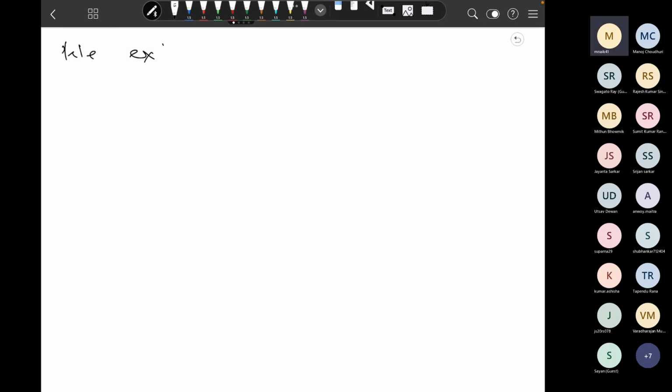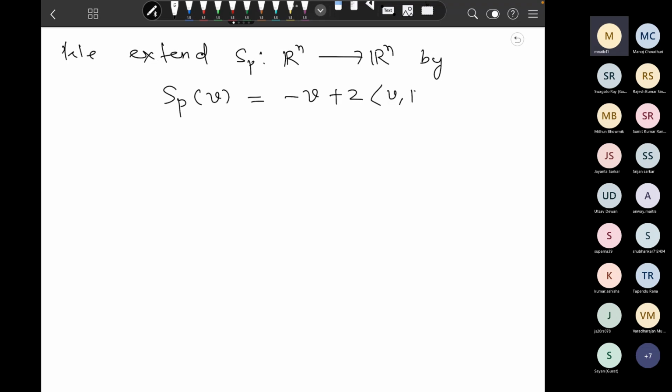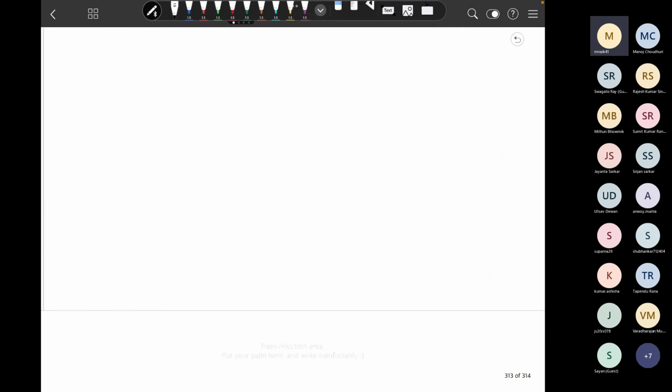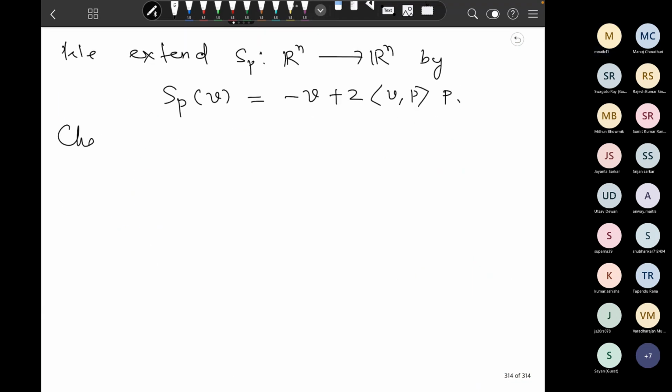We extend S_P from R^n to R^n by S_P(v) = -v + 2<v,p>p. Okay, this is the same map. Check that S_P is a linear map.